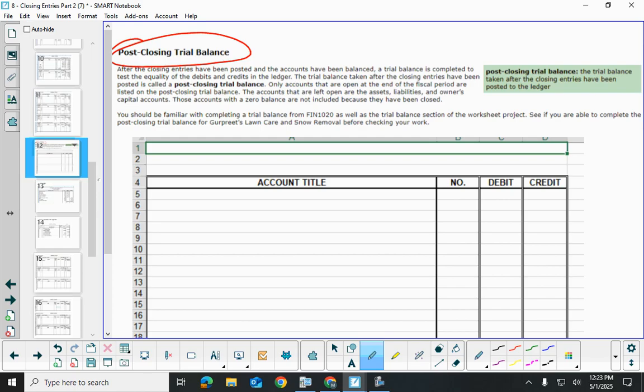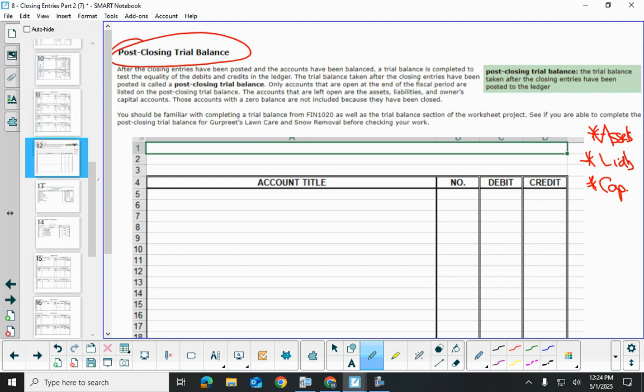All this contains is your permanent accounts. So your assets, liabilities, and capital. That's it. So your post-closing trial balance, all your temporary accounts have been closed.